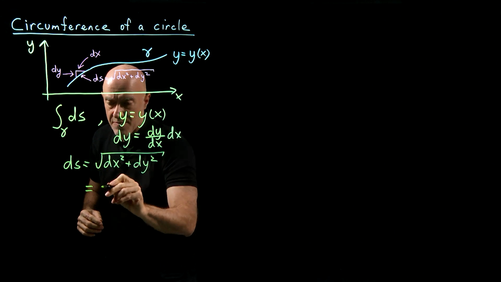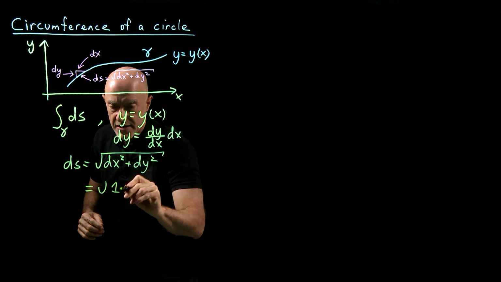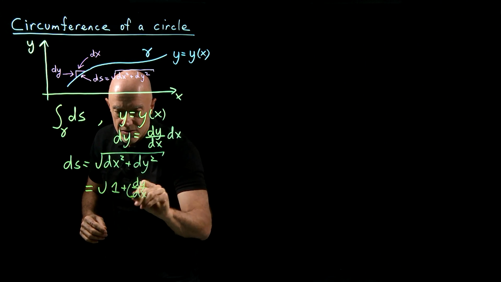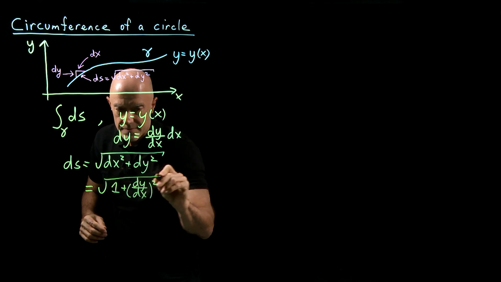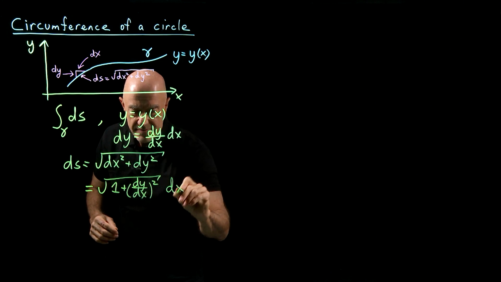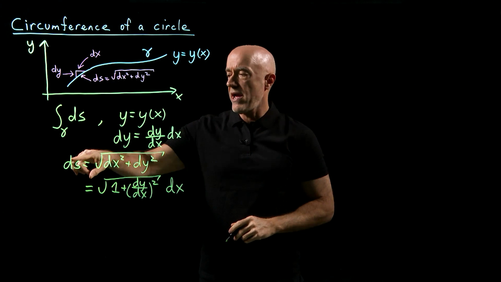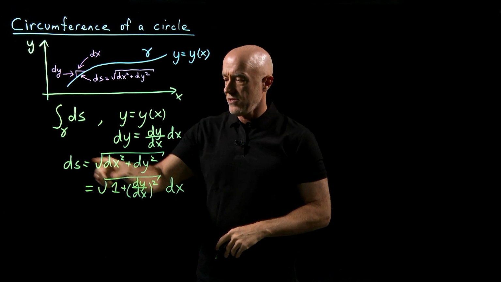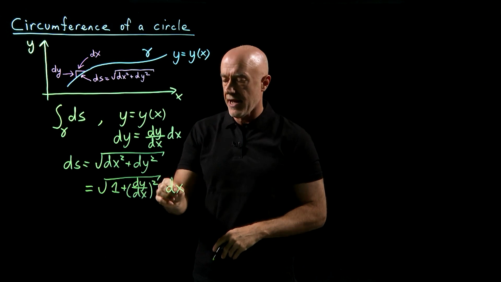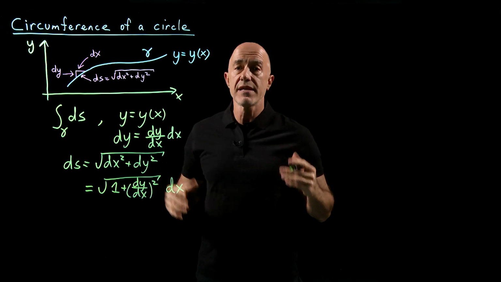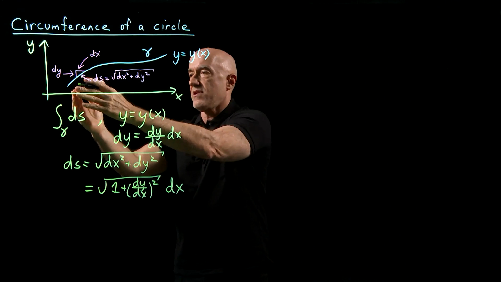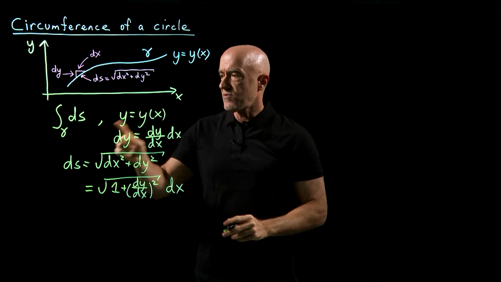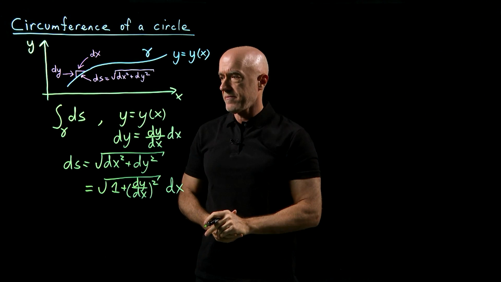So that becomes the square root of 1 plus (dy/dx) squared, times dx. So this is a way of representing our ds in the integral sign in terms of some function times dx, and then we can integrate over x from the beginning x to the final x. That's one way of doing this integral.